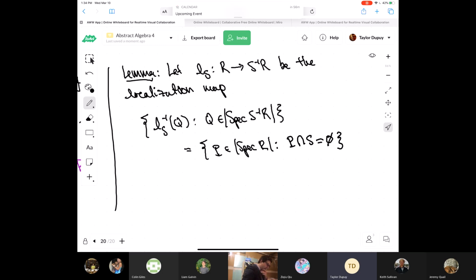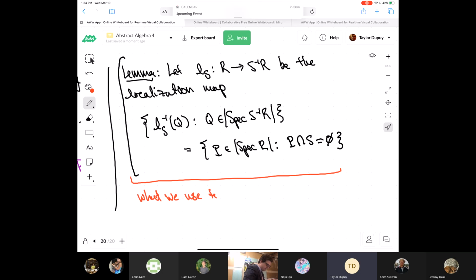So the prime ideals of the localization are really the prime ideals of R that don't intersect the multiplicative set. This is what we use to draw the pictures. Okay, the prime ideals that avoid this multiplicatively closed set.